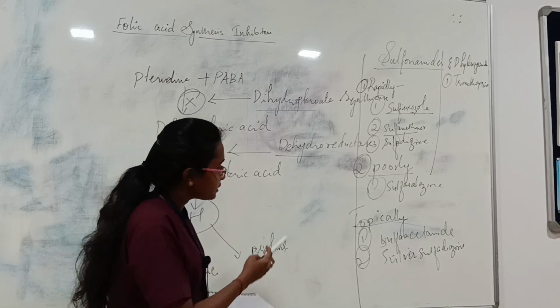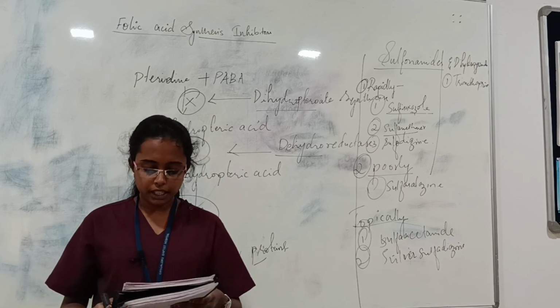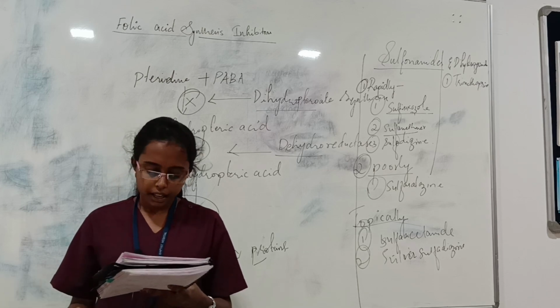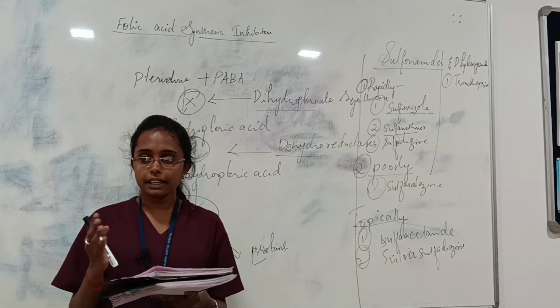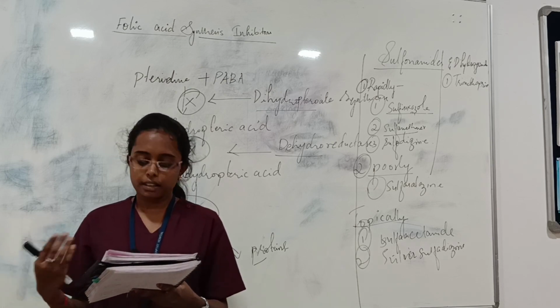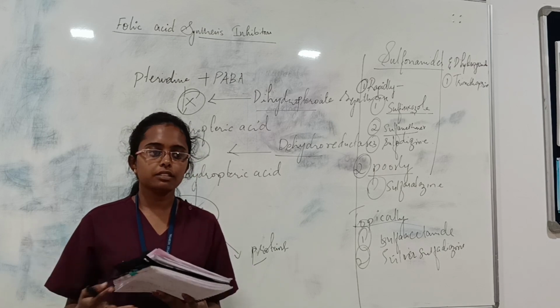And the fourth drug, sulfadoxine. The dose is 500 mg and it can be given BD or TID, and the half-life is 7 to 9 days. It is combined with pyrimethamine. What is the pyrimethamine indication?